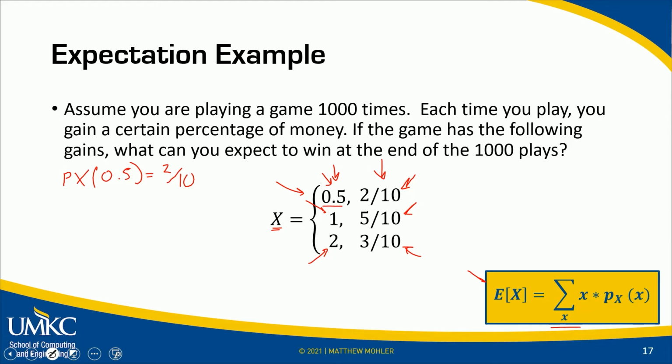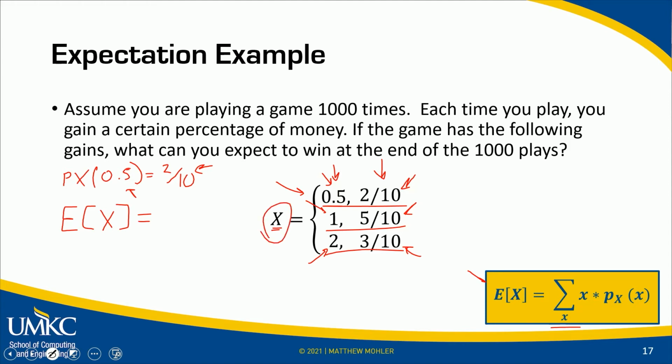But to find the expected value of x, so again, that's going to be the expected value of the random variable x, we would need to take the frequency, this 2/10, and multiply it by the value, this 0.5, for every value pair, if you will, within this piecewise function, within this random variable x.